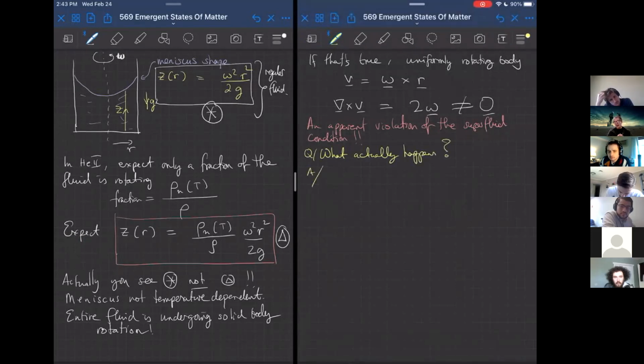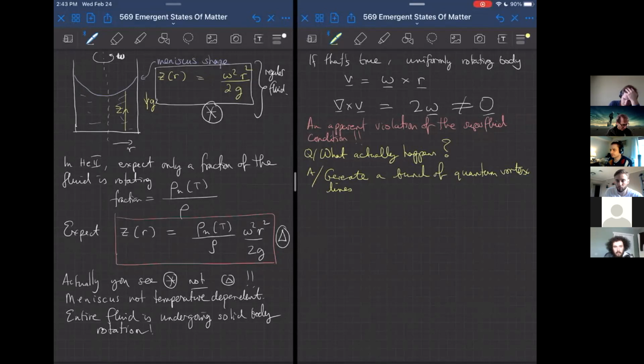So what Onsager and Feynman guessed, and this was confirmed about 10 years later, but by visualization, is that you generate a bunch of quantum vortex lines, and the vortex lines are threading throughout the bucket.